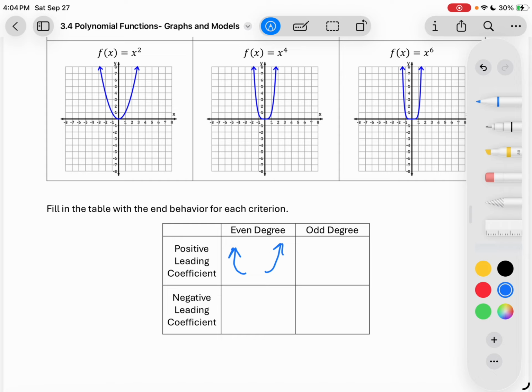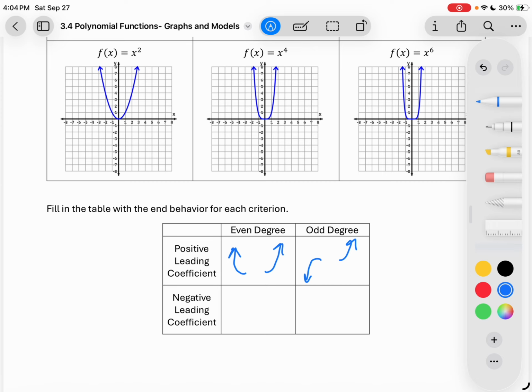Now, there might be some other things happening in the middle near the origin, but as you go off to the sides, that's what the end behavior would look like. And if it's an odd degree, like the first row, then the end behavior is not quite like that, but as you go to the left, it goes down, and as you go to the right, it goes up.